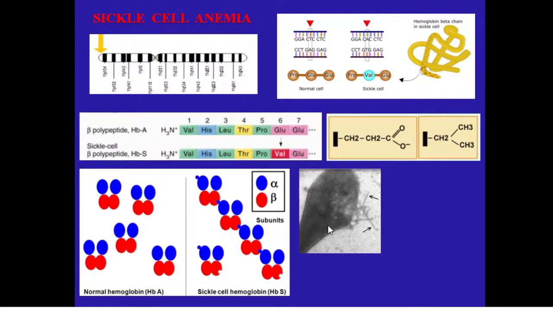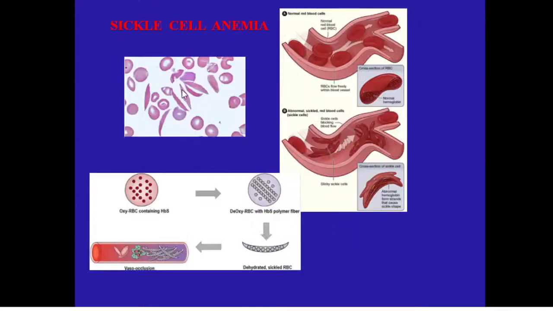Such cells become visibly sickle, and of course the surface is changed, but the surface is very important for the interaction with oxygen and for passing through the blood vessels. So from one point of view, less oxygen can be bound. From another point of view, the flexibility of the membrane is significantly changed, and this will lead to hemolysis.